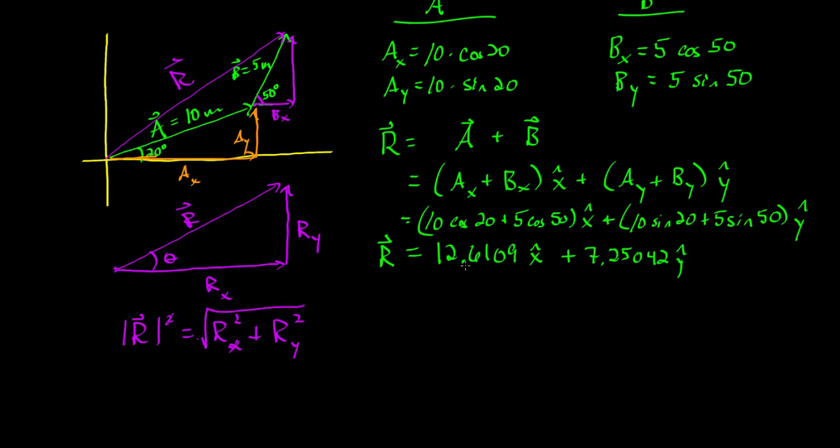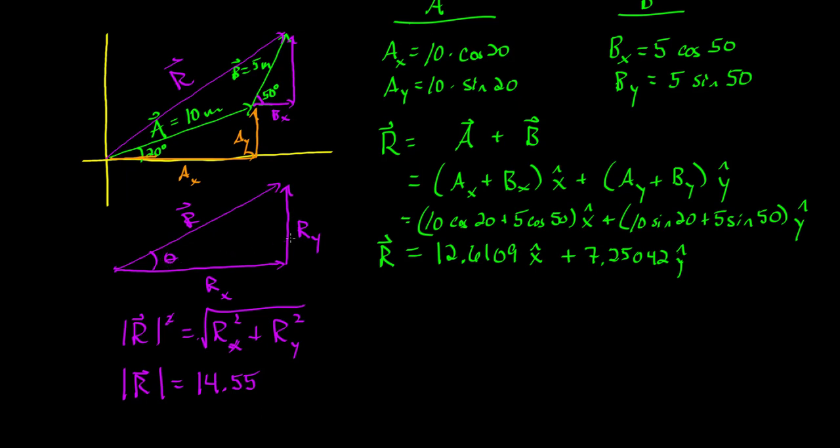So it would be the square root of this squared plus this squared. And that would be the magnitude of the vector. So if we calculate that real quick, we get 14.5. So if I go 12 this way and 7 this way, that would be the same as going 14.5 along here.